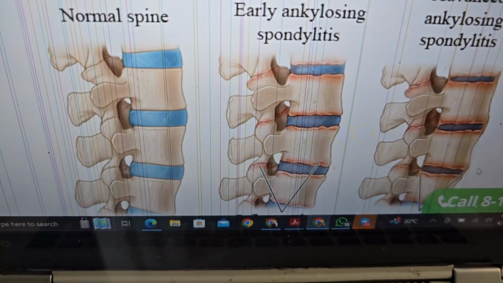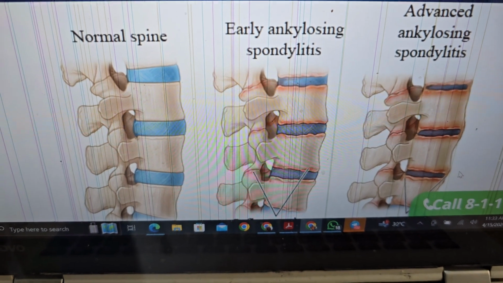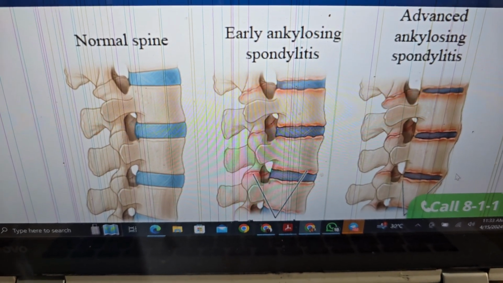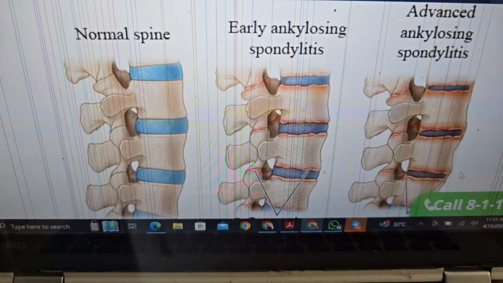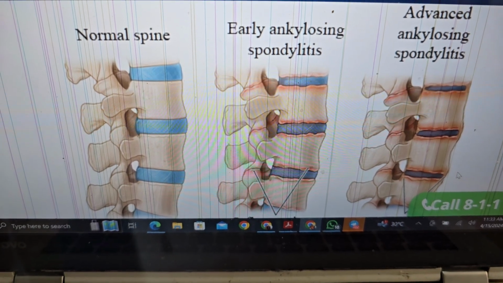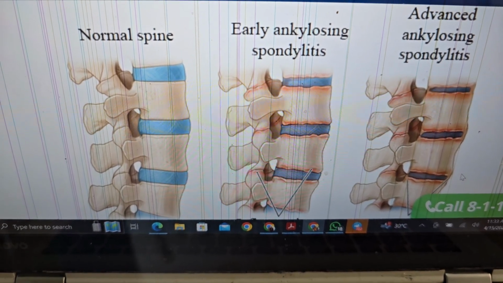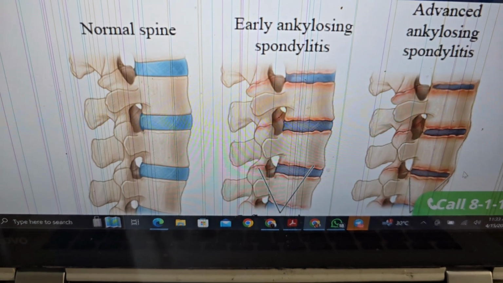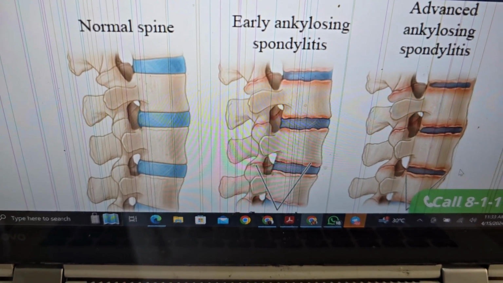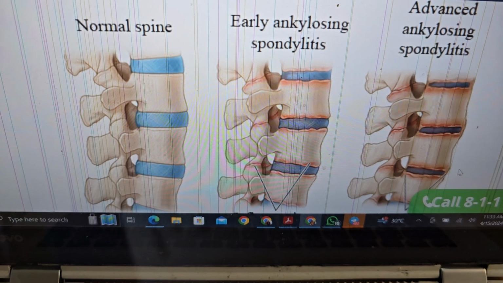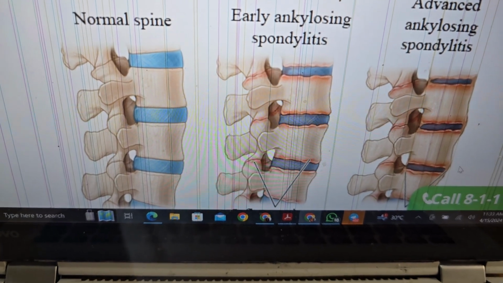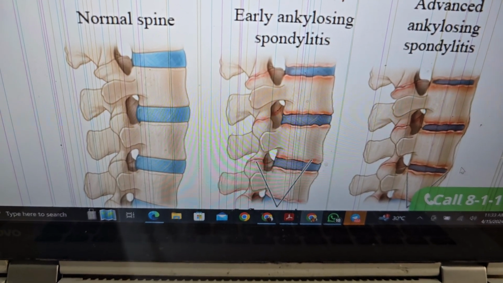In this picture, I think you can appreciate the normal spine, and then the differences in early ankylosing spondylitis, and here the advanced ankylosing spondylitis, and in all 3 you can establish the difference in your mind.